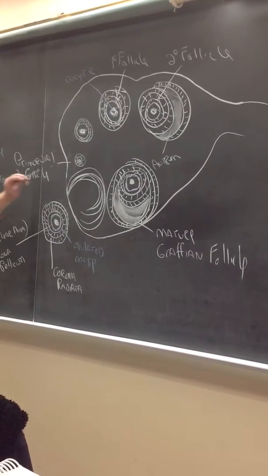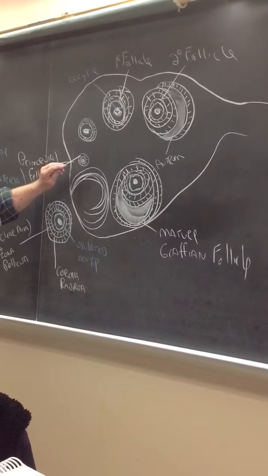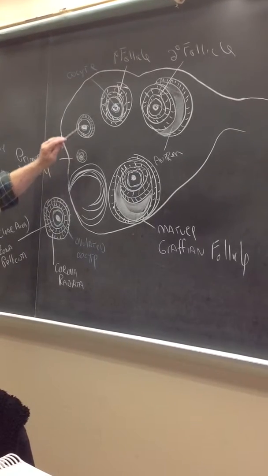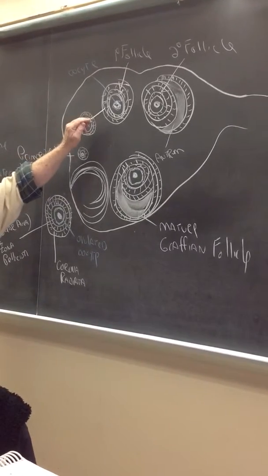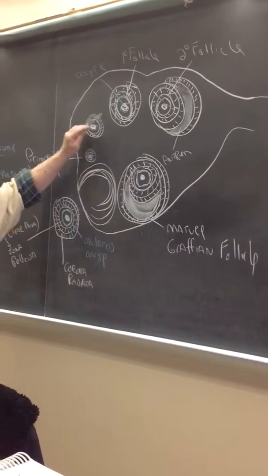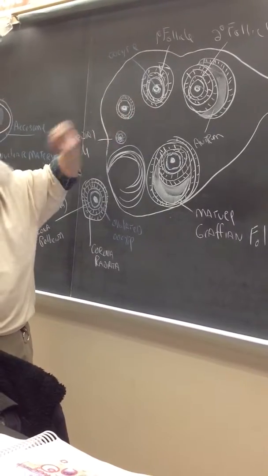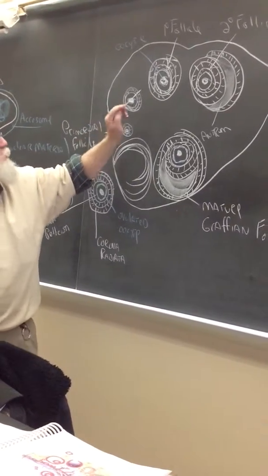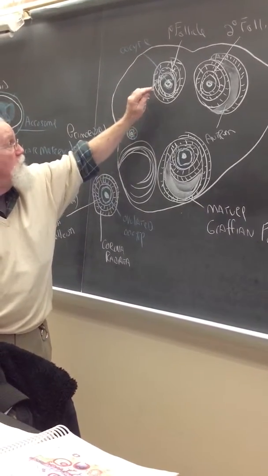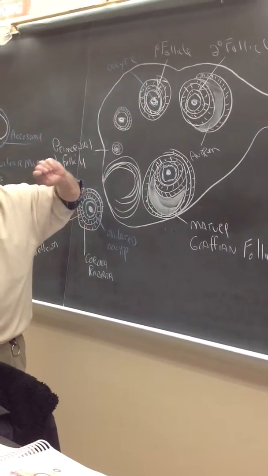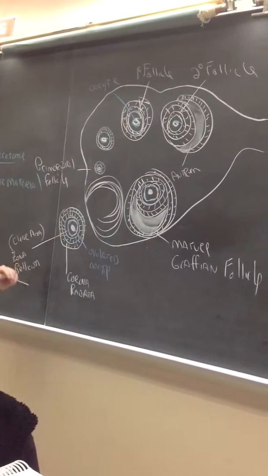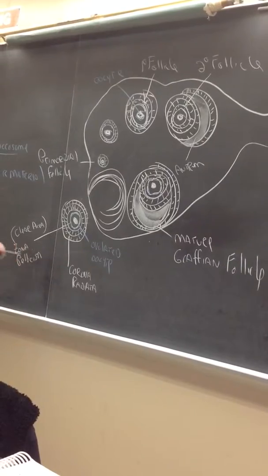And the maturation process goes from primordial follicle to primary follicle, which is building up of follicular layers around the oocyte, with a clear layer separating the oocyte from the follicles, and that clear layer is the zona pellucida.